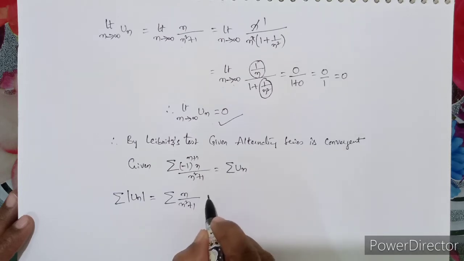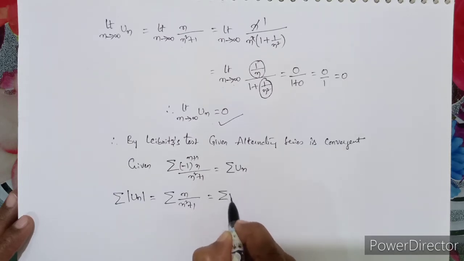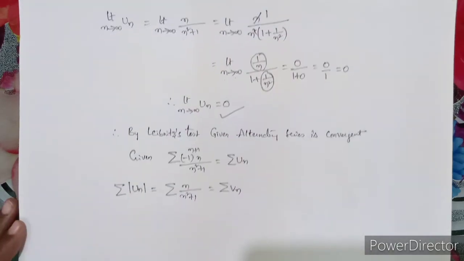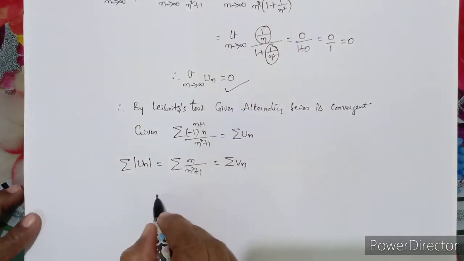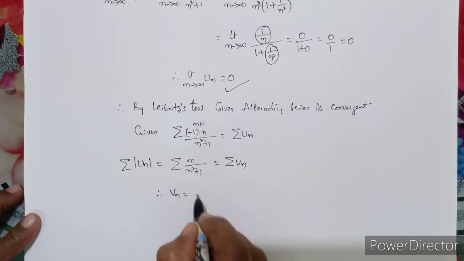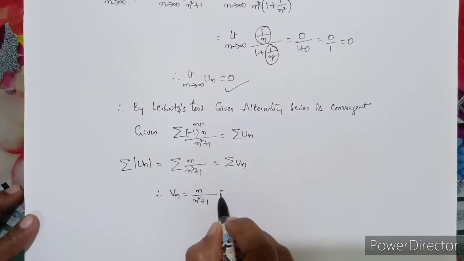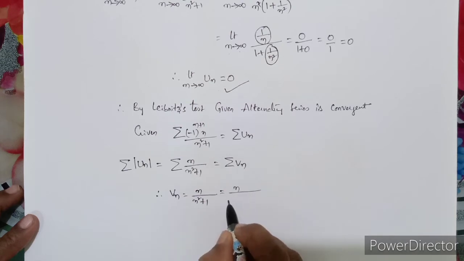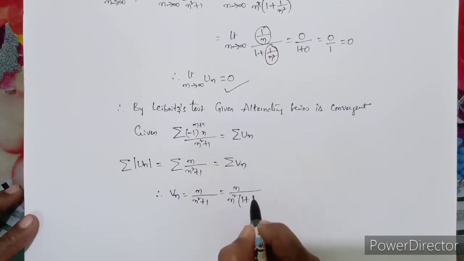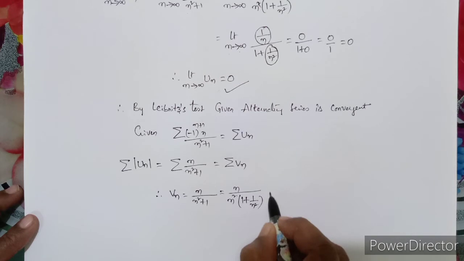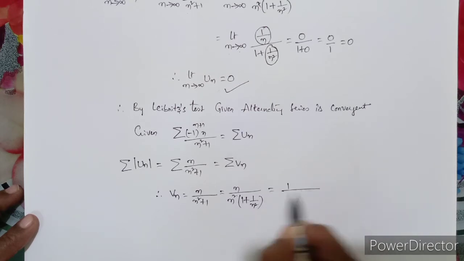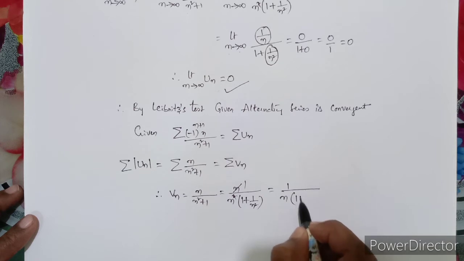Now we call this new series sigma vn. Therefore, vn is equal to n by n square plus 1, n by, we take n square common, 1 plus 1 by n square. Now this is equal to 1 by, cancelling n, into 1 plus 1 by n square.